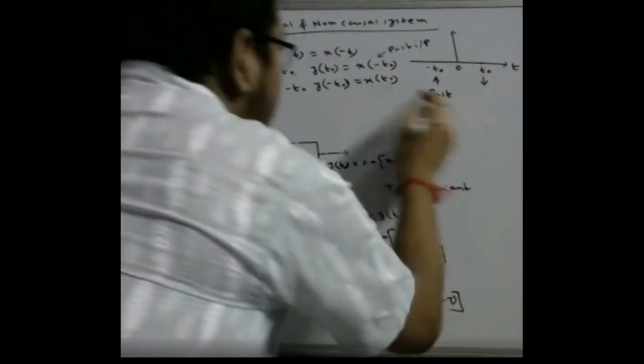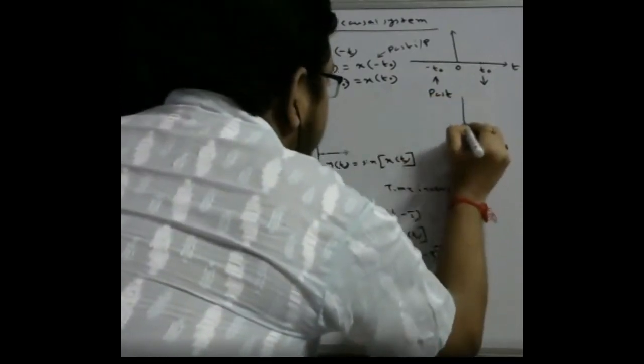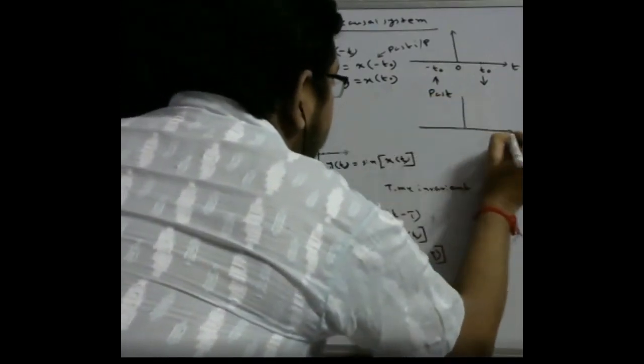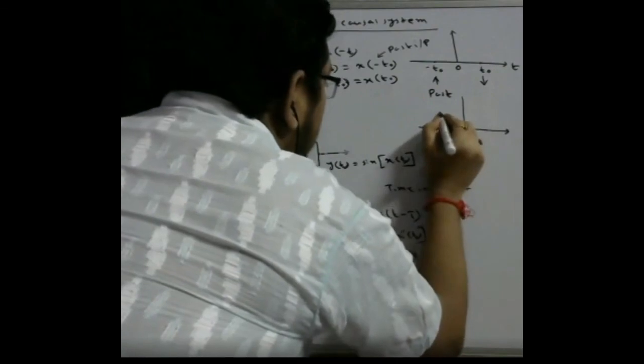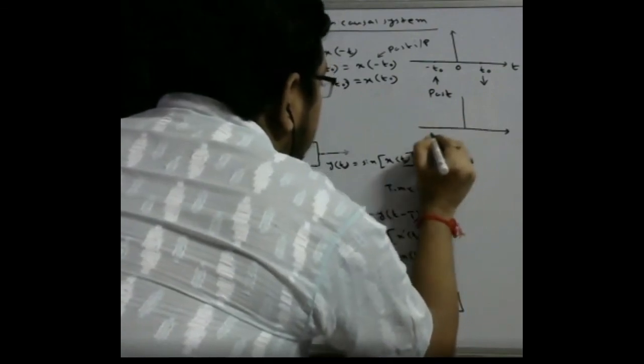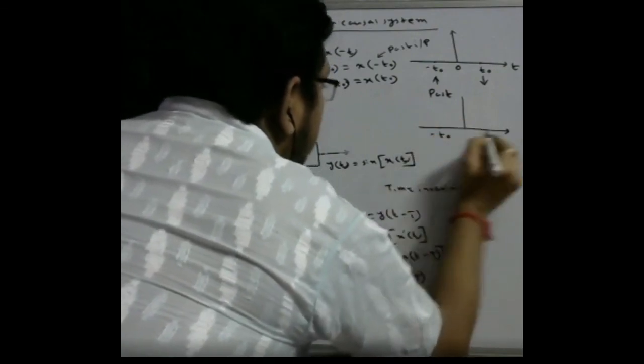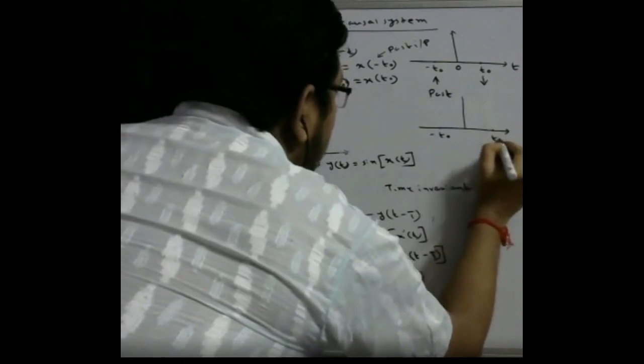Second one: this is −t naught and this is t naught.